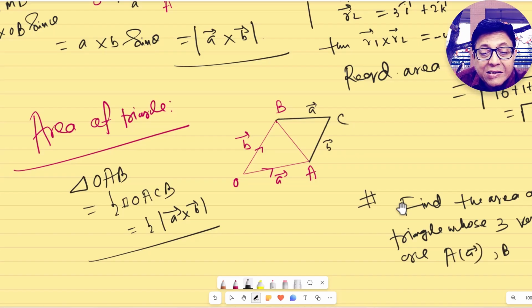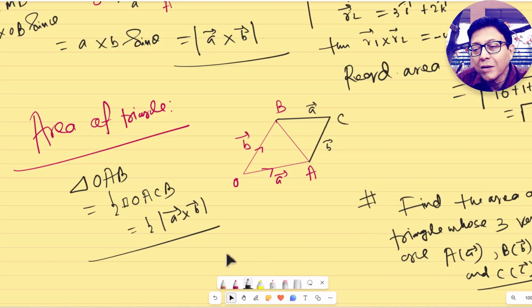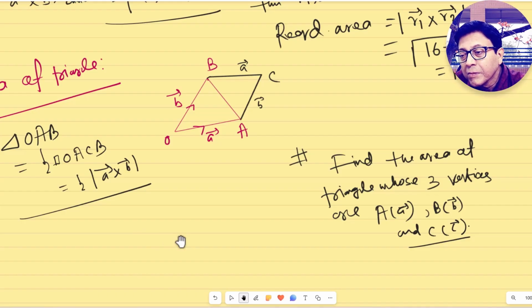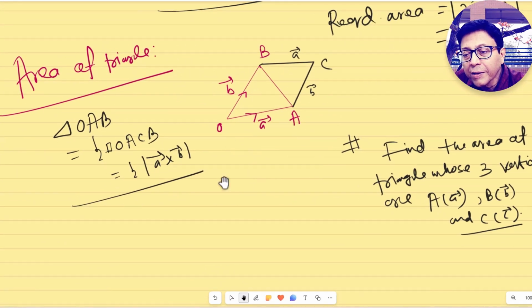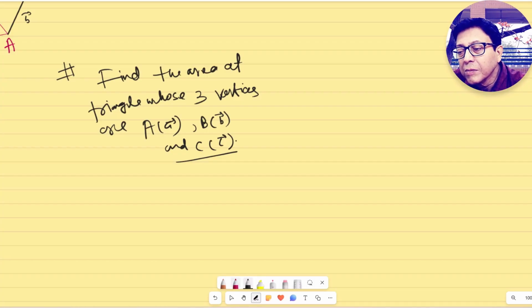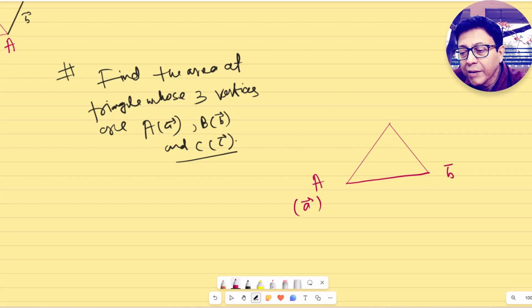Suppose a problem arises this manner, I am just writing in the form of symbol. Find the area of triangle whose three vertices are given by A, B and C vector.